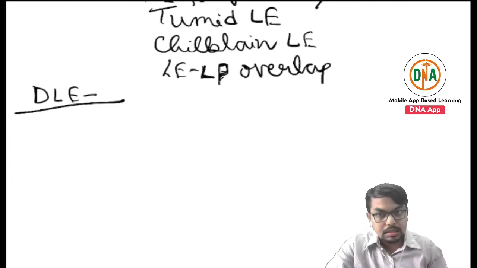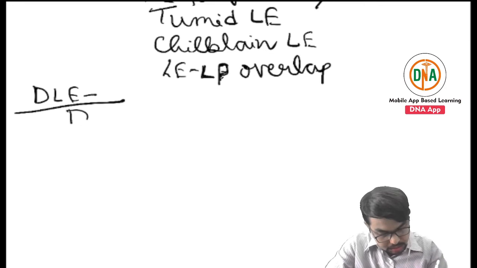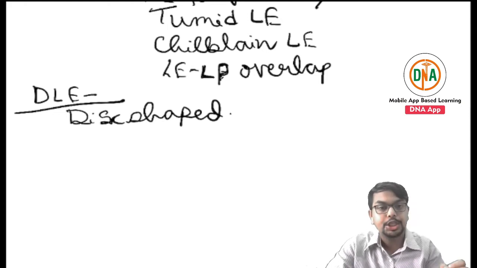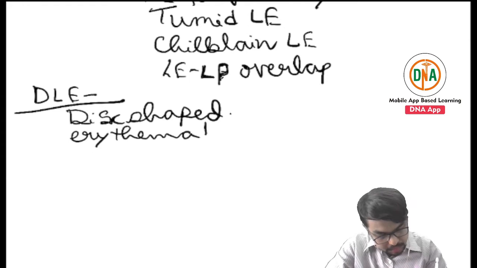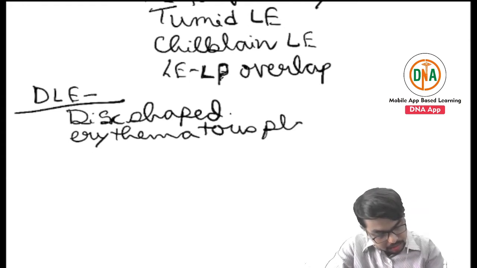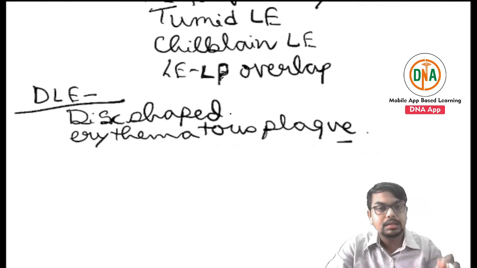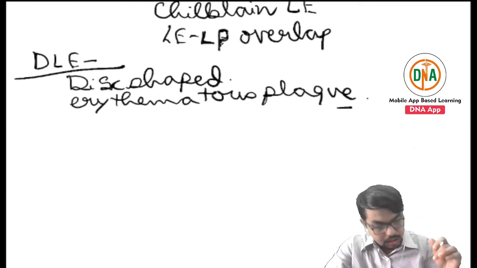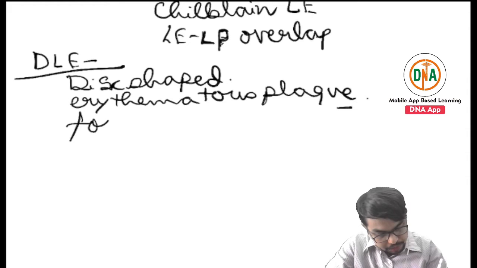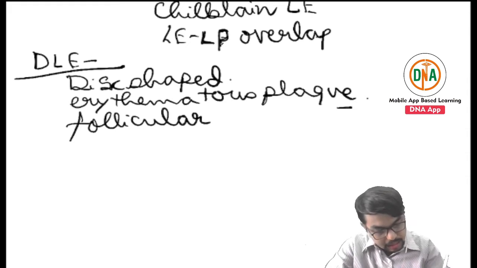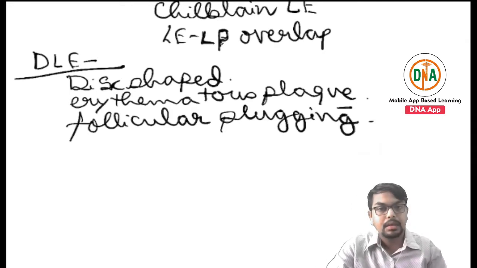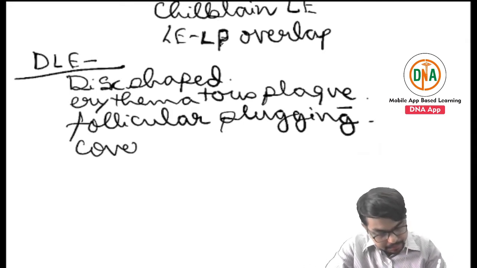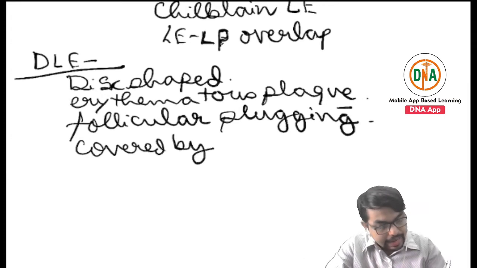As is clear from the name itself, the lesions are disc-shaped. Erythematosus, so there will be erythema. They are disc-shaped erythematous plaques. There is follicular involvement in the form of follicular plugging. They are covered by adherent scale.